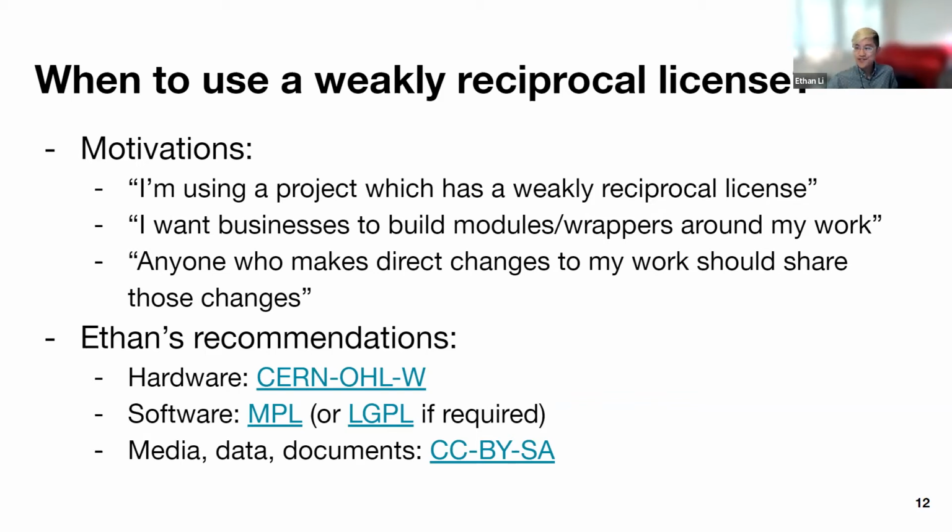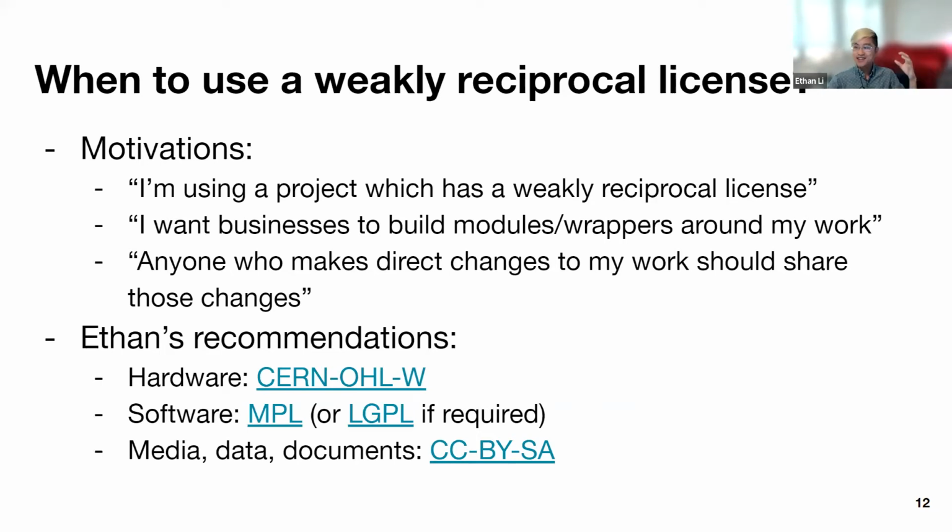You would use this if you built a device and it has some interfaces for connecting to other modules or for people to build stuff around it, and you want businesses to be able to do whatever they want using those interfaces without having to share their work, which could be very attractive for companies.